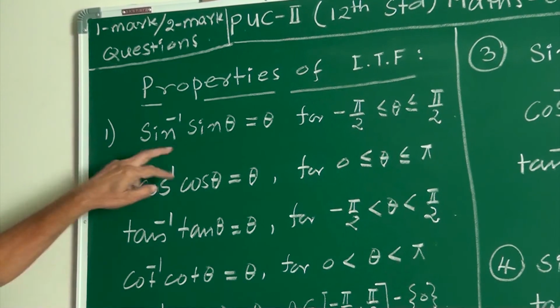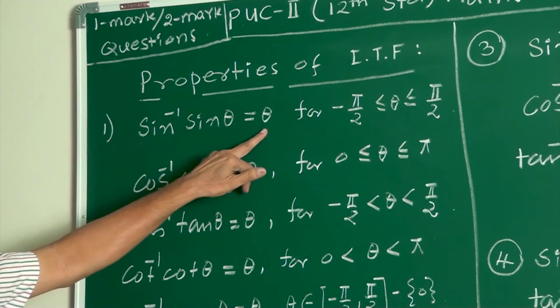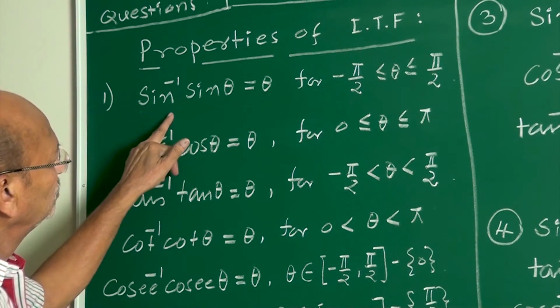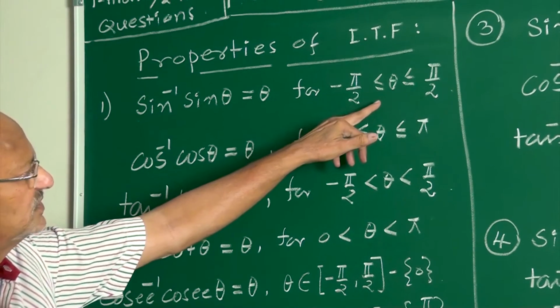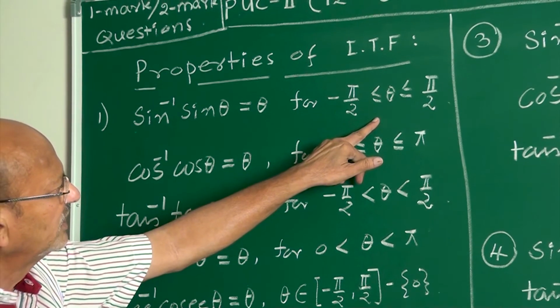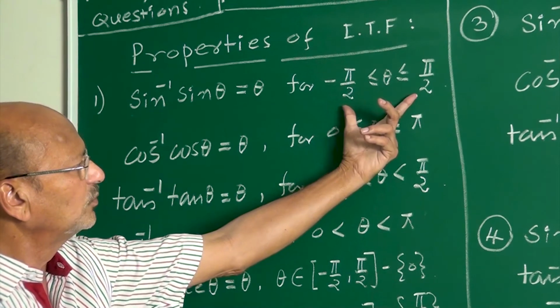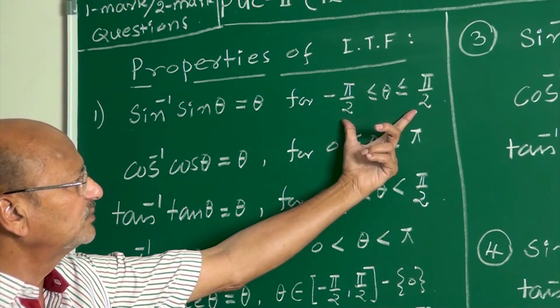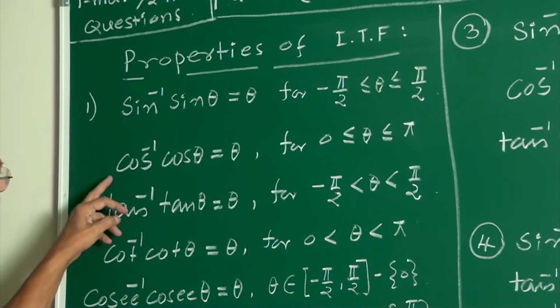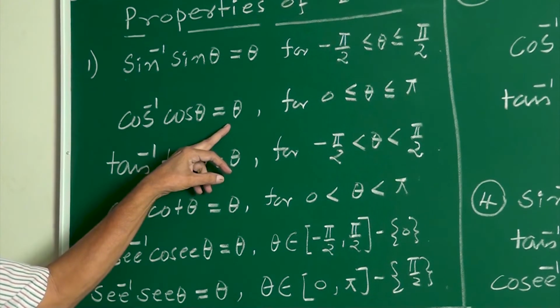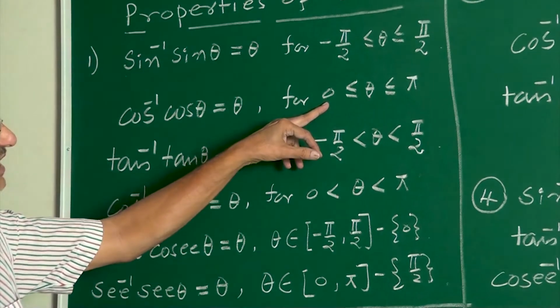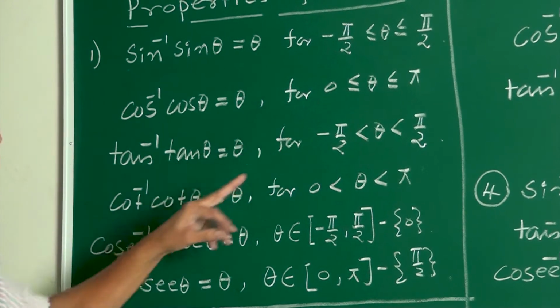First, sin inverse of sin theta equals theta. This is useful only for the restricted interval, where theta belongs to the closed interval minus pi by 2 to plus pi by 2. Cos inverse of cos theta equals theta, when theta lies between 0 to pi, 0 to 180 degrees.